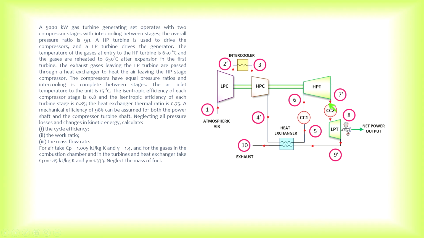Then it leaves the high pressure turbine going into the second combustor, where it undergoes a reheating process. So therefore you have 7 prime. This is due to the irreversibilities within the turbine. Then it goes into the second combustion chamber.